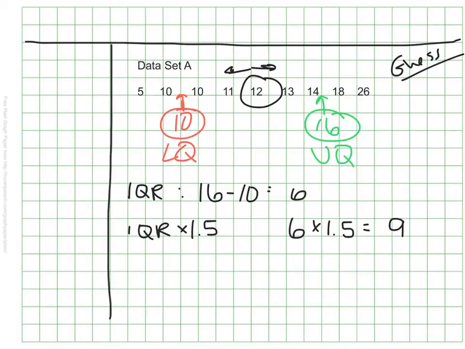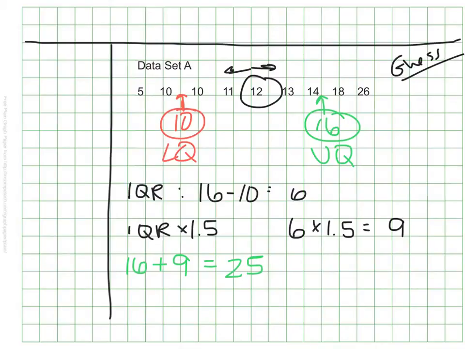According to our steps on the previous slide, once we know our interquartile range and we've multiplied it by 1.5, we have to add that to our upper quartile. So our upper quartile was 16, and remember when we multiplied our IQR by 1.5, that was 9. So if I add those together, I get 25.